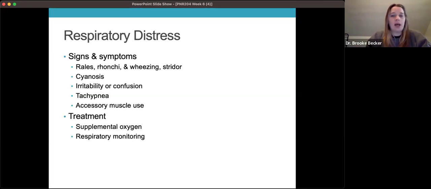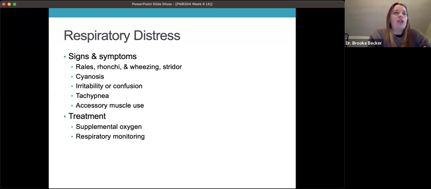Respiratory distress, kids progress very quickly from respiratory distress to respiratory failure because they can only compensate for so long and then they are unable to compensate. So if you're noticing accessory muscle use, such as subcostal or intercostal retractions, so that's sucking in between the ribs or under the rib cage, tracheal tugging, so you'll actually see this area of their neck kind of move.